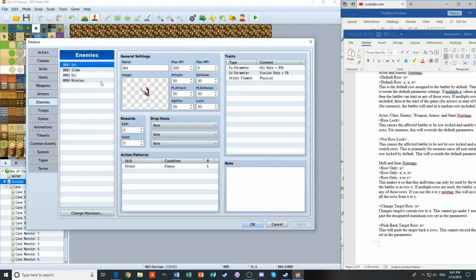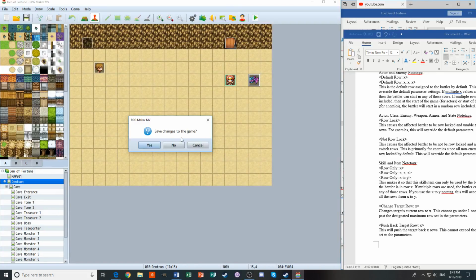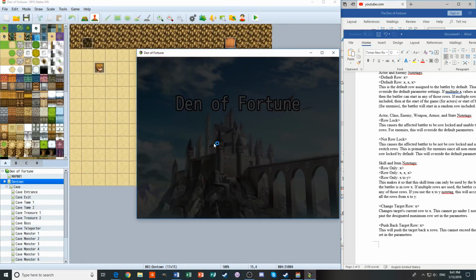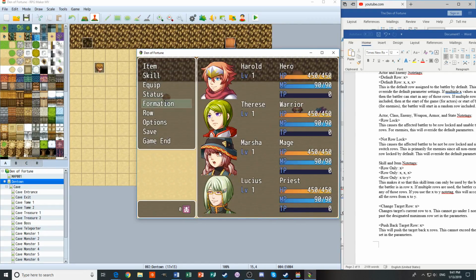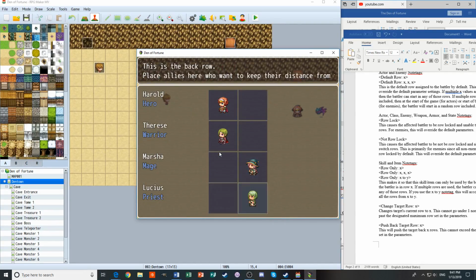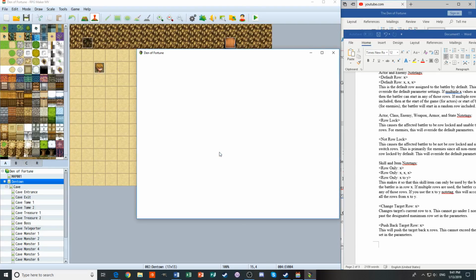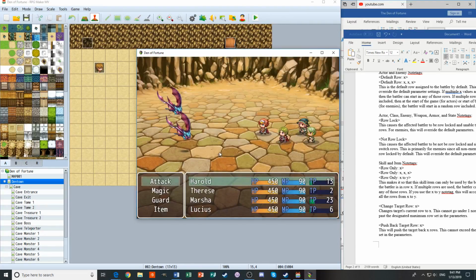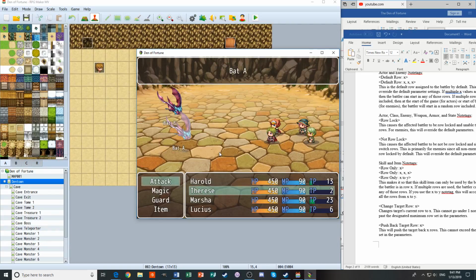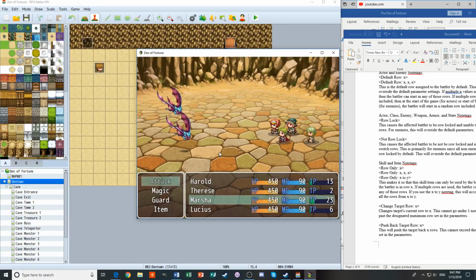One of which is I'm going to want them to kill me a lot faster for the sake of this demonstration, just so I can test this, make sure that it works the way I want it to. But second of all, oops, we're going to put you in the back row. Okay, you can attack. You cannot attack.